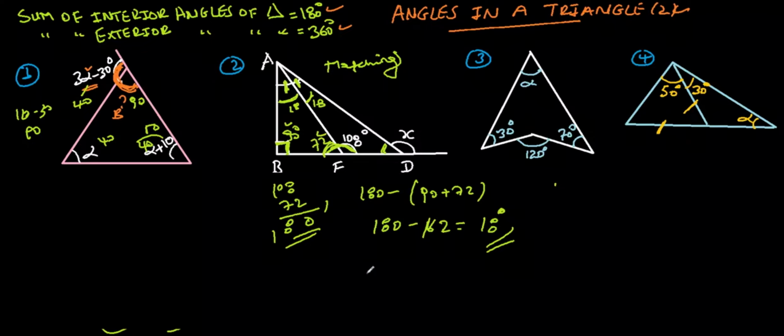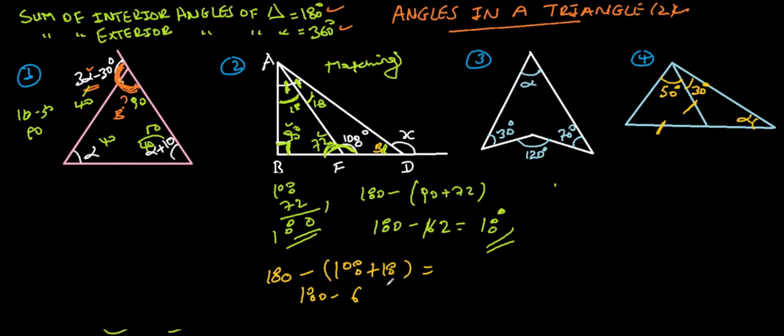To find this angle, we must define it: 108 plus 18 is 126. 180 minus this value will give us this unknown angle, let us call it beta. So 180 minus 126 is 54, so this value is 54 degrees.